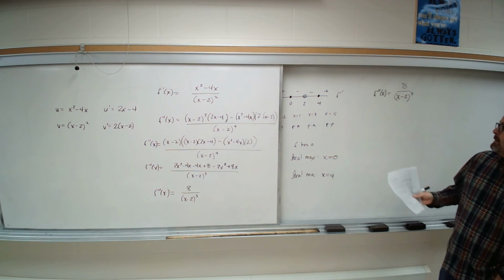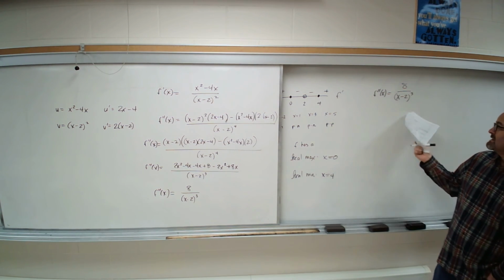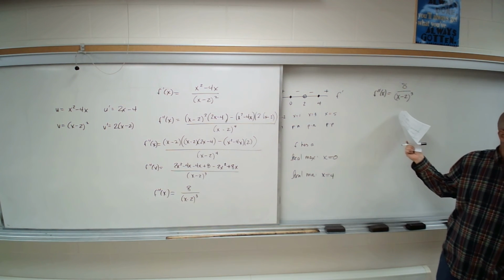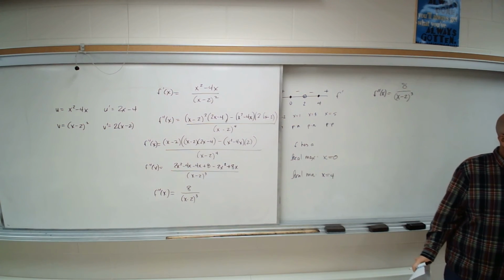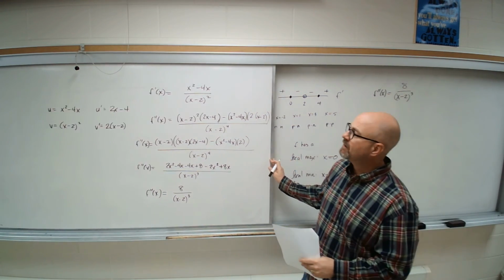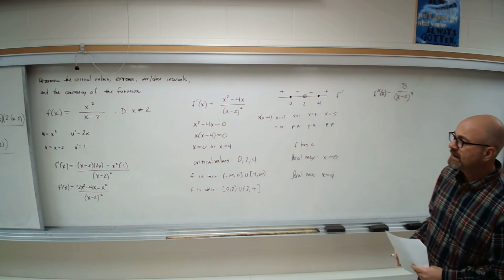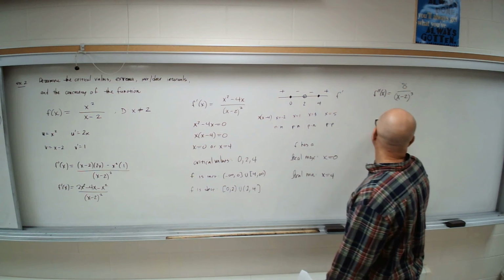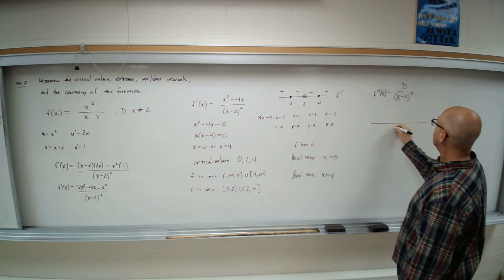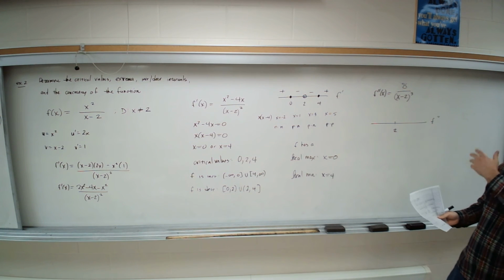So now, to make our number line for f double prime, is this ever going to be equal to 0? No, but there's still a critical value at 2, correct? Because of the original, we push this back over here. There's still the critical value at 2, so for our second derivative number line, we're just going to test to the left of 2 and to the right of 2.